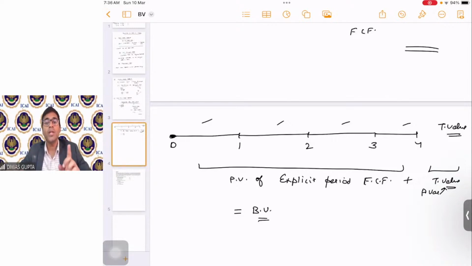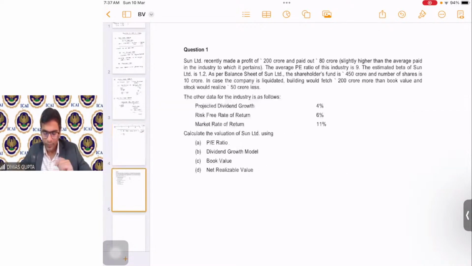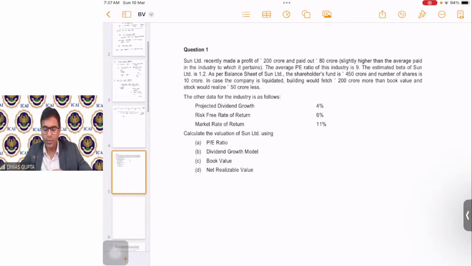So the first approach, asset-based, is a balance sheet approach. The second approach, income approach, is a P&L approach, wherein we take the earnings and then arrive at the future maintainable amount and do the calculations accordingly. And the third approach is a cash flow approach, which is more importantly based on the cash flows that we generate. Okay, easy.